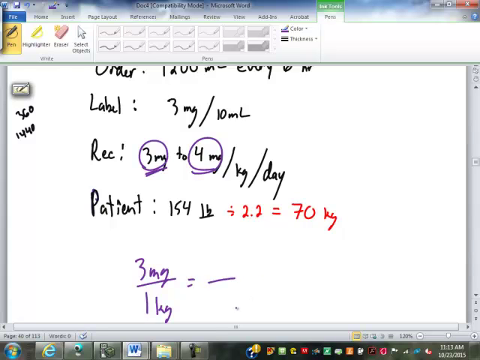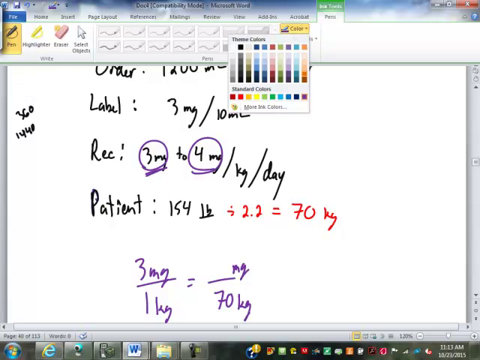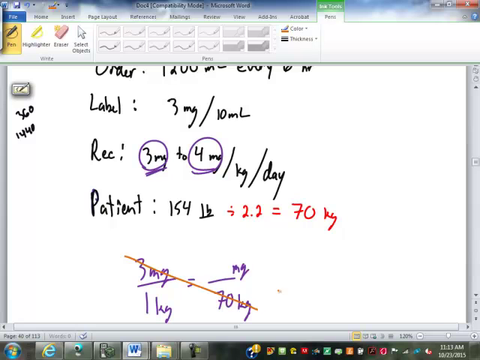So 3 milligrams per kilogram equals what on the other side? Milligrams over 70 kilograms. Perfect. So then we'll cross multiply and divide. 3 milligrams times 70 kilograms is 210, divided by 1 is 210 milligrams. So 210 milligrams, what are we going to do with that? Over 1.